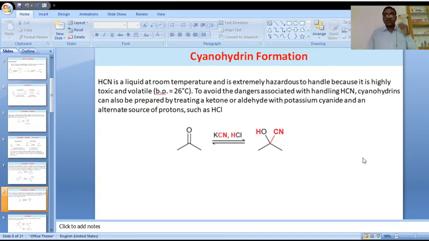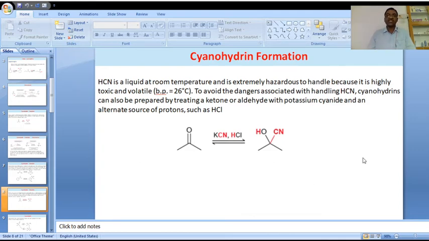Now let us go to another reaction in presence of HCl, hydrochloric acid. Here please observe the same cyanohydrin formation. HCN is a liquid at room temperature and is extremely hazardous to handle because it is highly toxic.